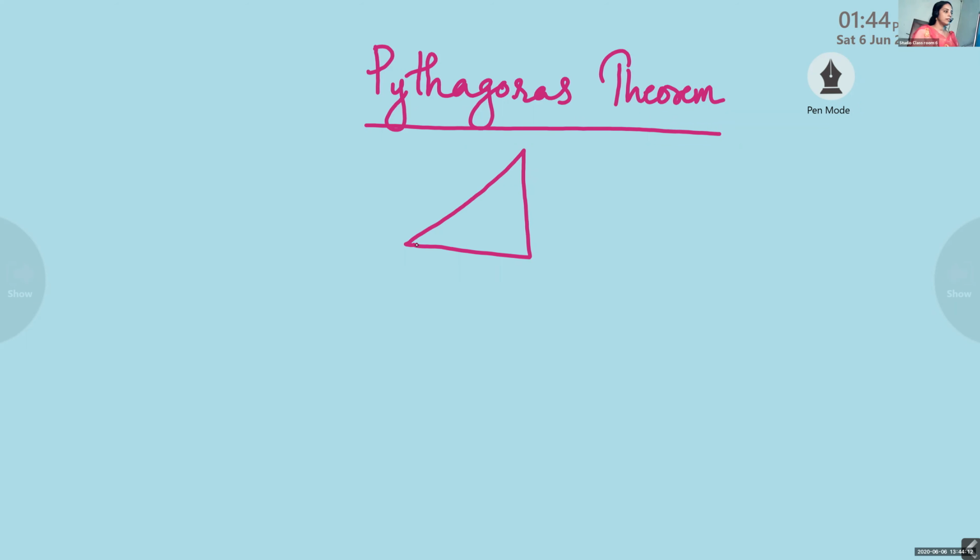In a right angle triangle, there are special names for all these sides. This is base, this is altitude and this is hypotenuse. That you know. These all things you know properly, isn't it?